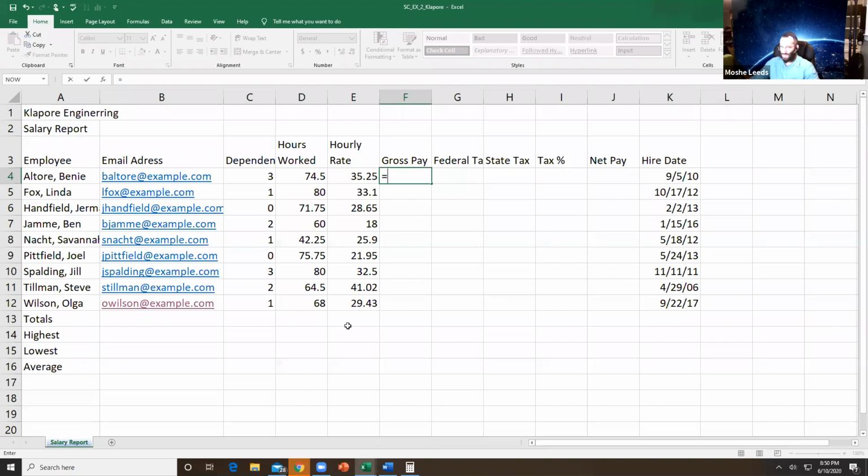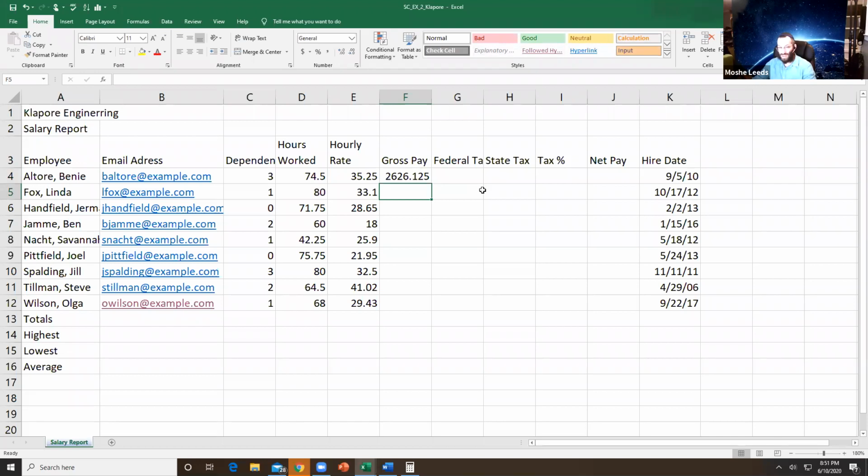I'm going to select D4 times 35, as opposed to, because that gives me the same number. The difference is that I could do a formula and say 74.5 times 35.25, and that will give me the same number.